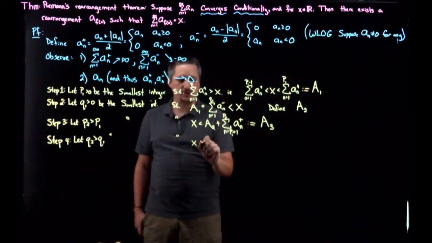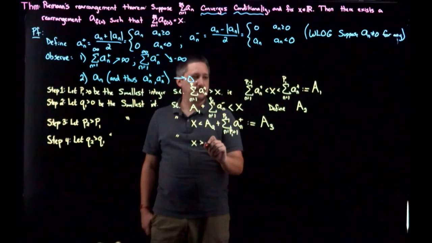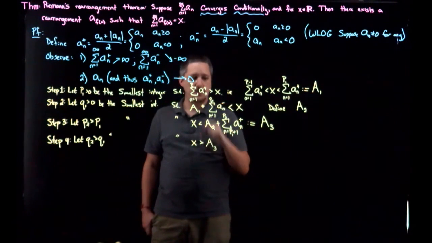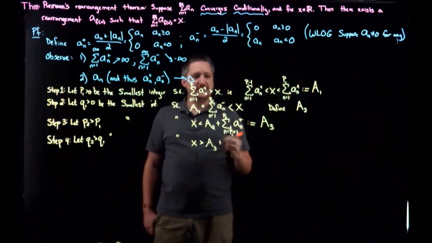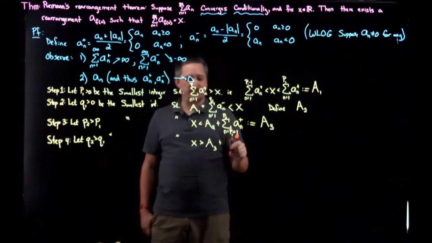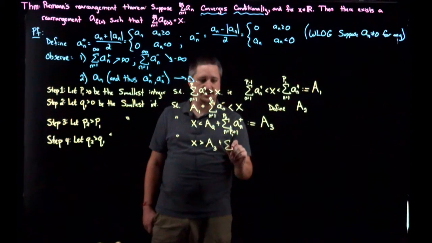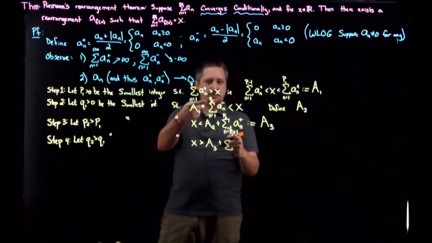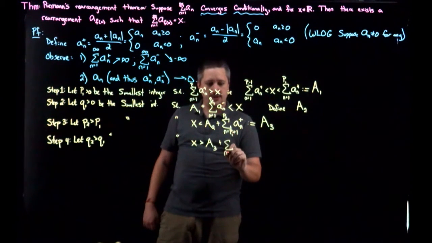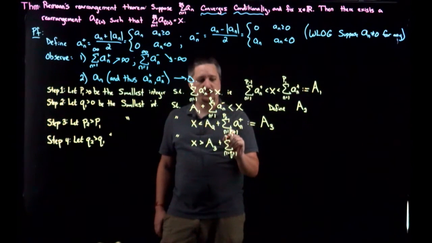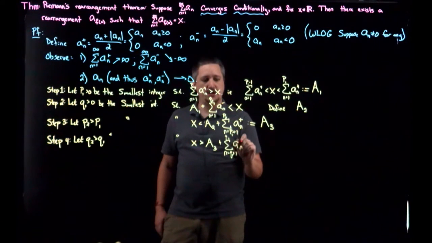So x is larger than A3 now, plus the negative piece that I'm going to be tacking on. So this is, again, the same idea. I'm going to continue where I left off up here. So I'm going to have n equals Q1 plus 1 up to Q2 of a_n minus.